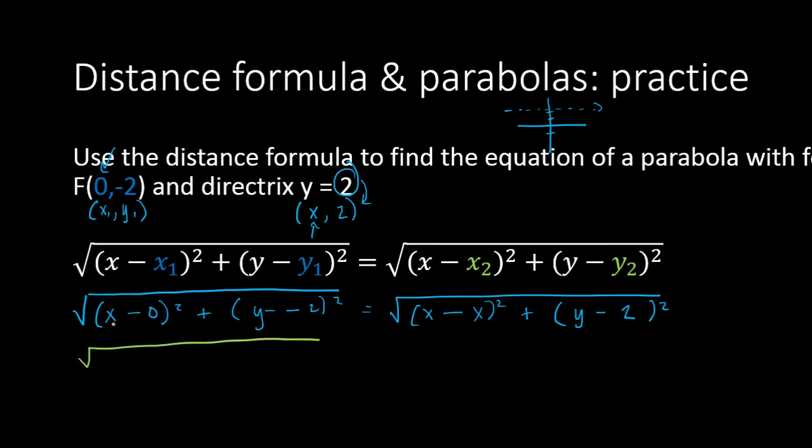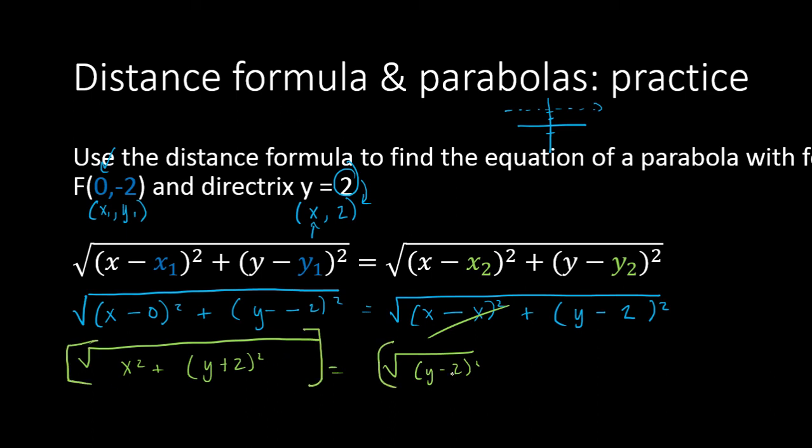X minus 0 is x, so I've got x squared. Y minus negative 2 is y plus 2. X minus x drops out, and I'm left with root (y minus 2) squared. To undo root, I have to square both sides. So I'm left with x squared plus (y plus 2) squared equals (y minus 2), the quantity squared.